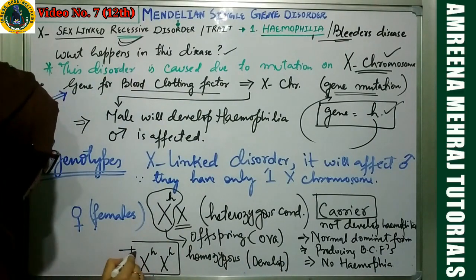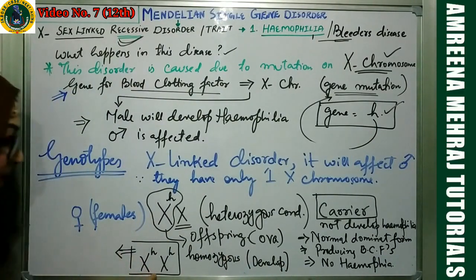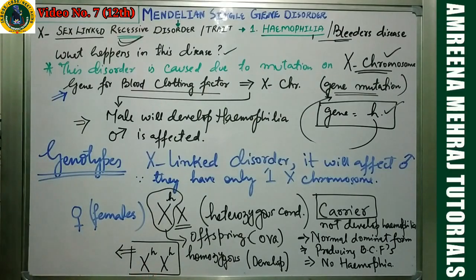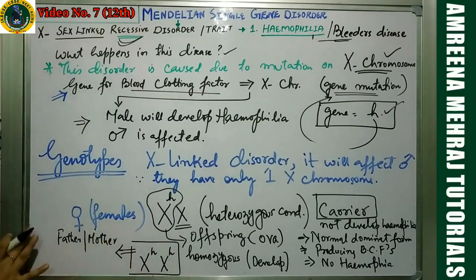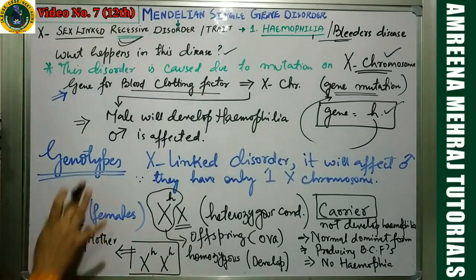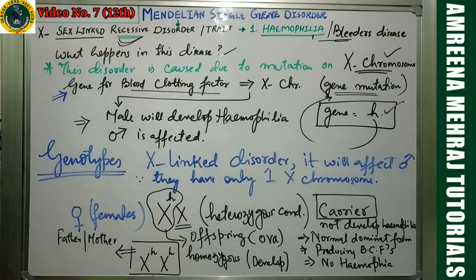But there is a point you have to notice: when could this female be formed? When both the father and the mother are defective. At least the father must be a hemophilic person, and the mother must be hemophilic or a carrier.